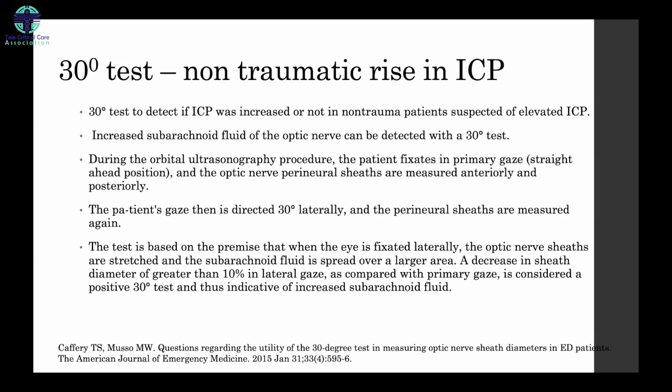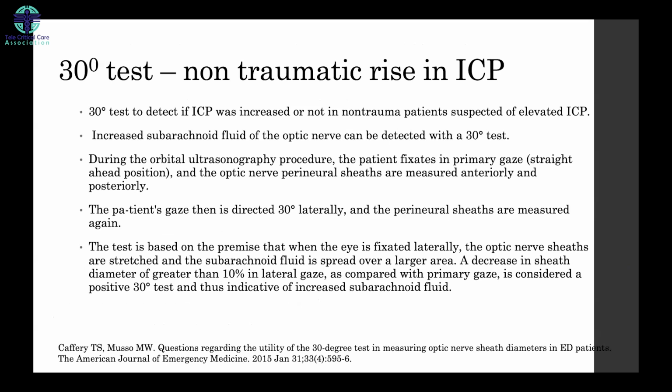Now we have a patient of idiopathic intracranial hypertension. In these patients also, we can use ultrasound to identify rise in intracranial pressure. So we do something called the 30-degree test.